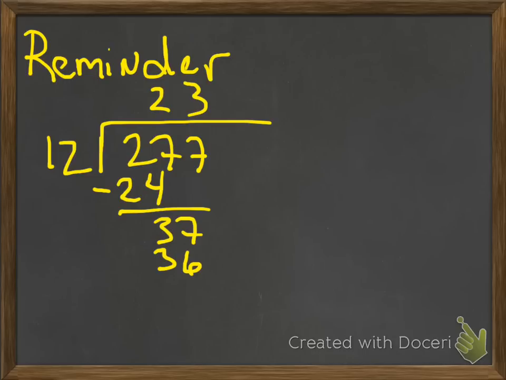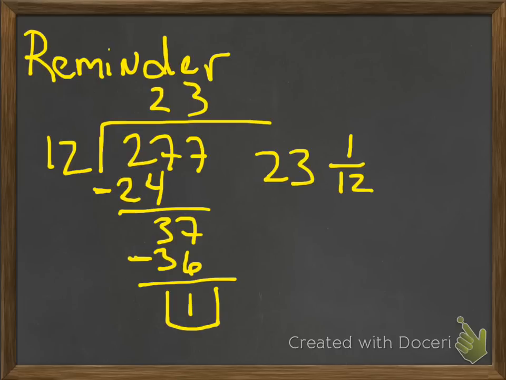Then I subtract to get 1. That would be my remainder, and technically I could write that as 23 and 1/12, so I put the remainder over the divisor. Long division is similar, and the more you practice with it, the easier it gets.